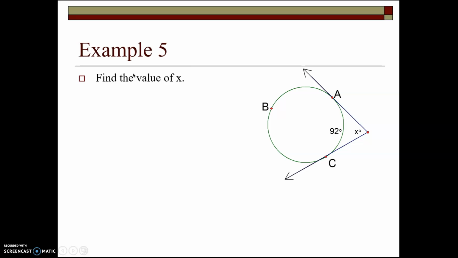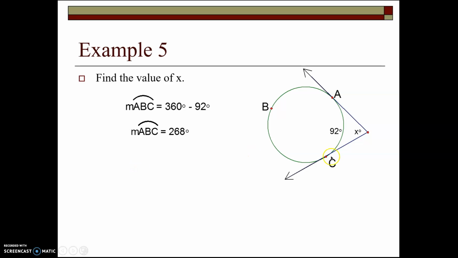Example 5, here we have an angle, again, outside of the circle. Again, this involves the whole circle. So the first thing we need to do, since we don't have a measure for the bigger arc, we have to do 360 minus 92 to get the major arc ABC. Then we'll have the measure of that big arc to use in our formula.